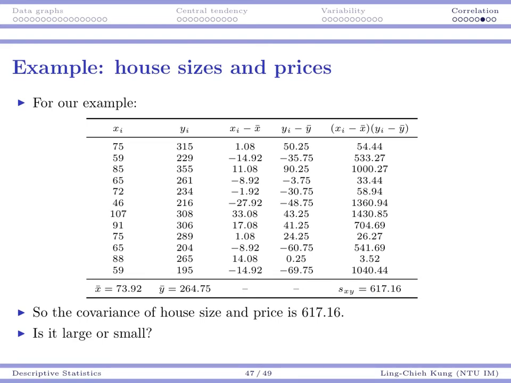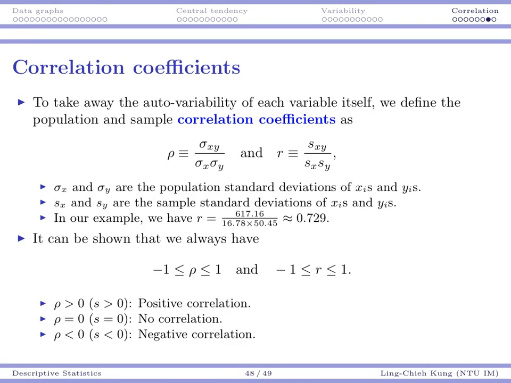So we need to find a way to normalize them. The idea is very simple. Whenever I have a covariance, I can divide the covariance by the standard deviation of each variable. These standard deviations measure how variable each variable is, and covariance measures the relationship, right?